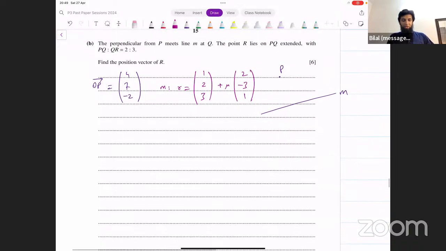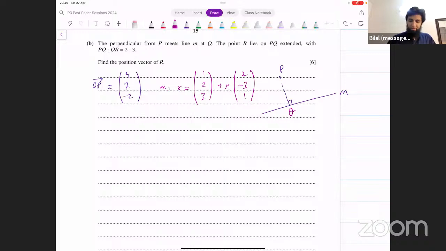And now they're saying the perpendicular from P meets the line M at Q. So if you were to make a perpendicular from P to the line M, this point here, the foot of the perpendicular, they're calling this point Q. And now they're saying the point R lies on PQ extended, such that PQ ratio QR is 2:3.